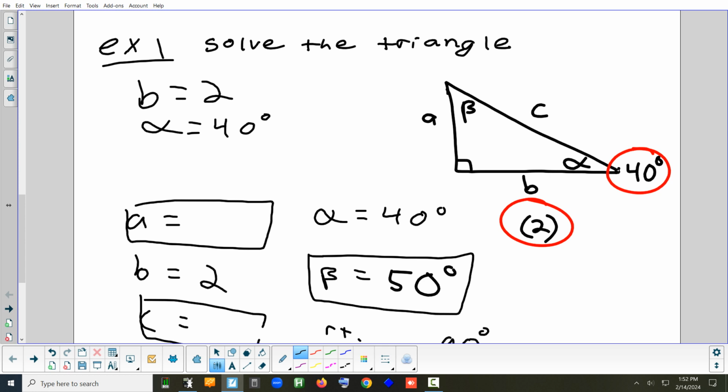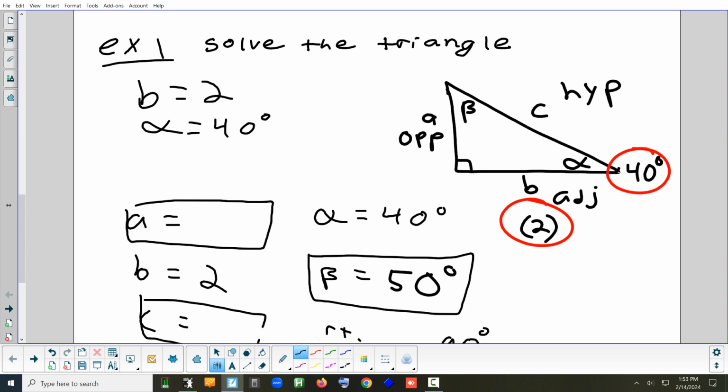Let's label A and B as far as their position. Side A is in what position in that triangle? Opposite. Yep. And what about side B? Adjacent. And side C? Hypotenuse. Those are the labels for this triangle from the perspective of the 40.